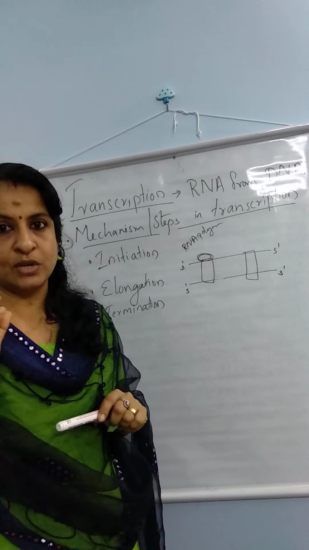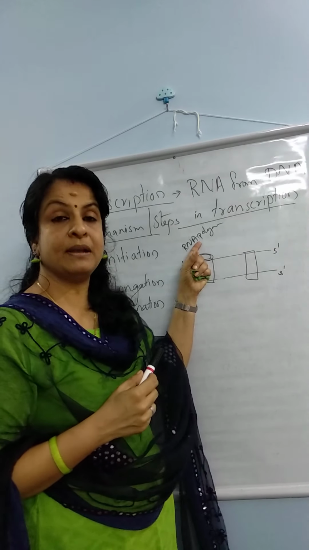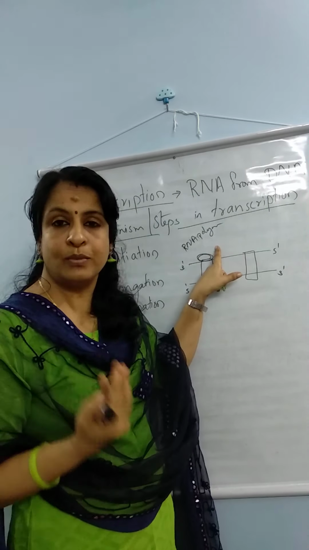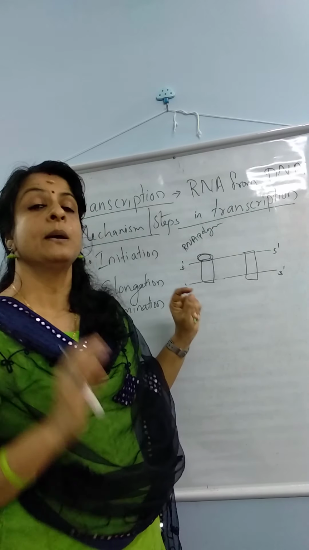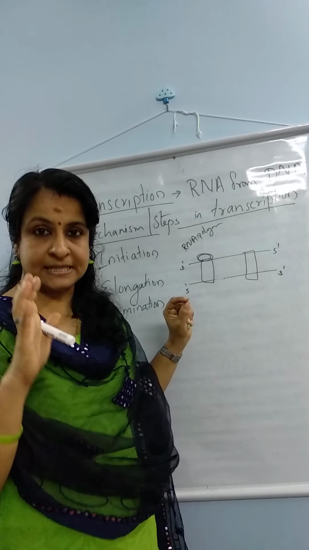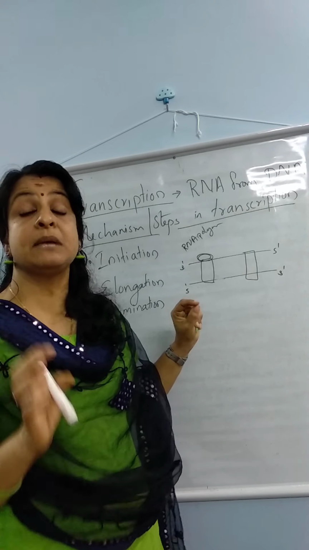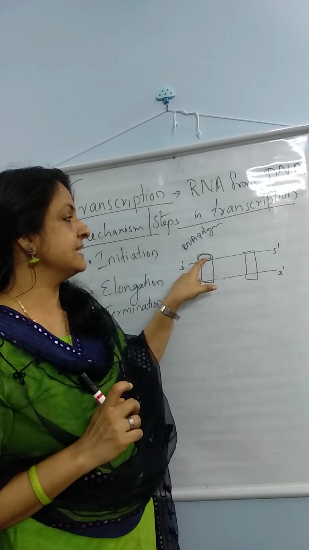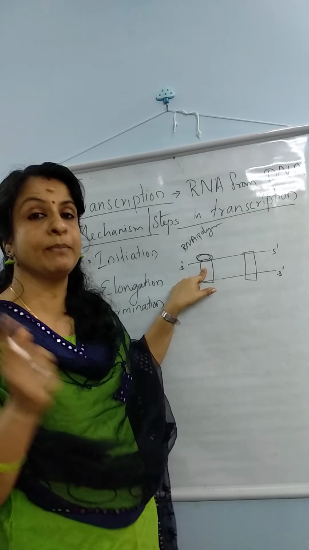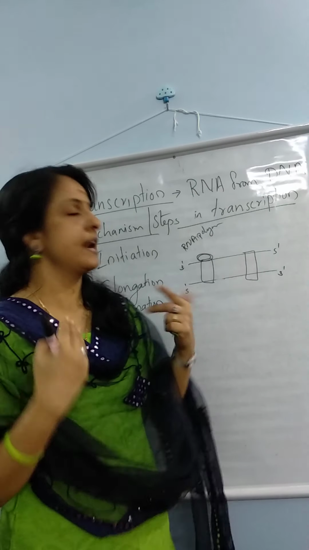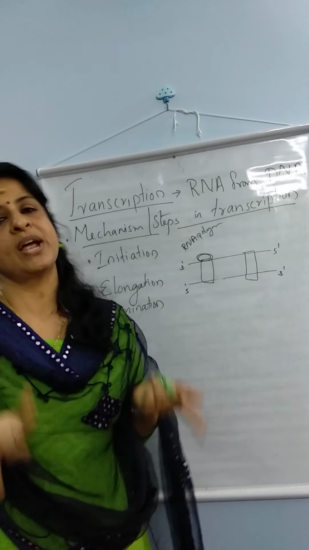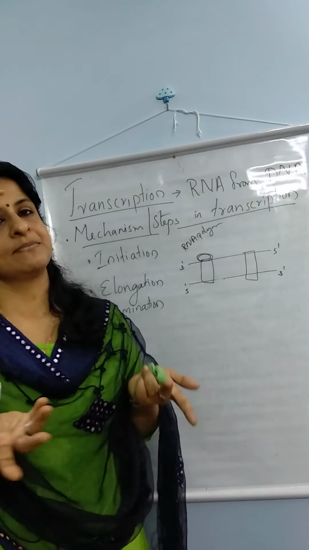The RNA polymerase enzyme, along with certain protein factors needed for transcription, binds to the promoter site. In eukaryotes, we just name them transcription factors. But in prokaryotes, they have a specific name: sigma factors. So sigma factors and RNA polymerase bind to the promoter site in prokaryotes. In eukaryotes, RNA polymerase and certain transcription factors bind to the promoter site.